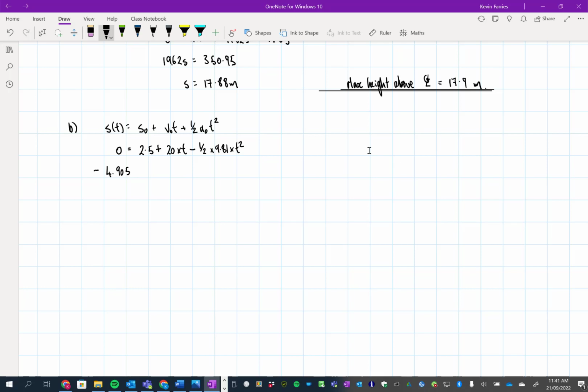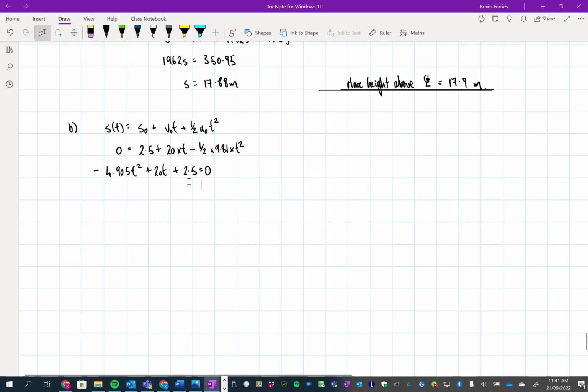So minus 4.905 t squared plus 20t plus 2.5 is equal to 0. I'm just swapping these two sides around.